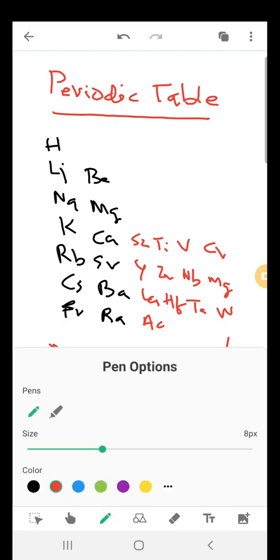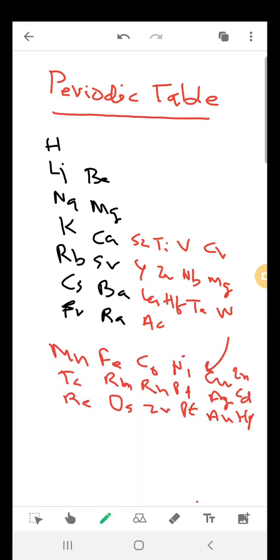And after that, we have group 3 elements like boron, aluminum, gallium, indium, thallium. Then we have carbon, silicon, germanium, tin, and lead.